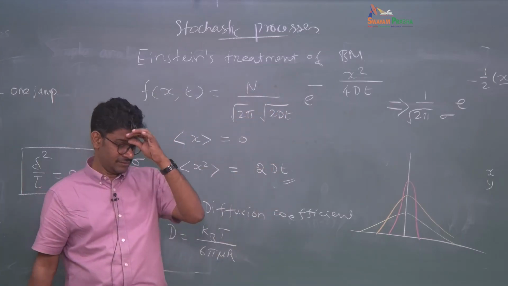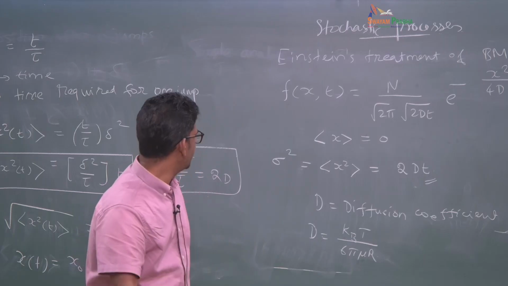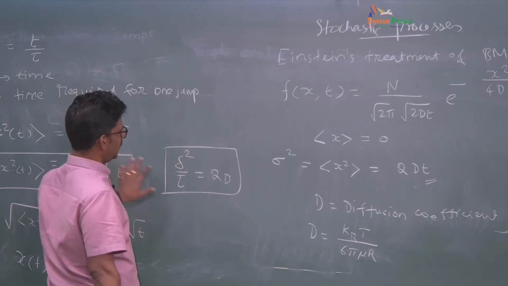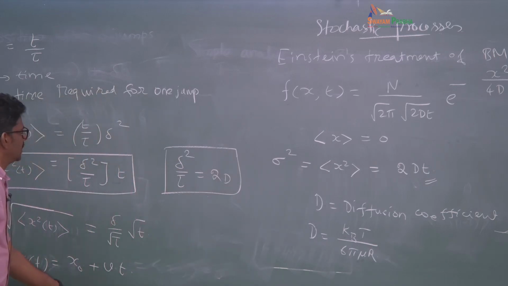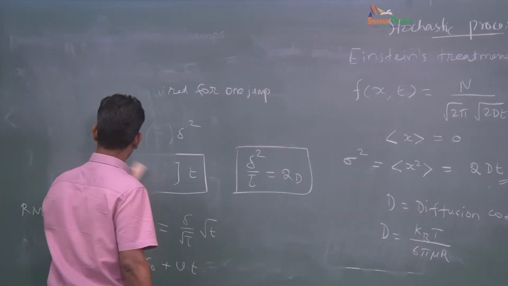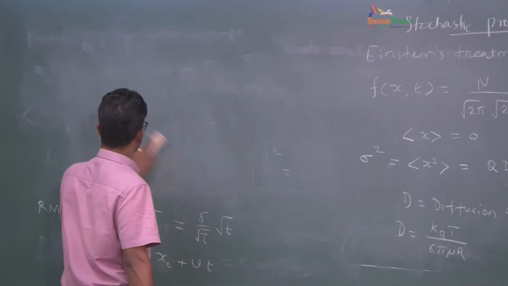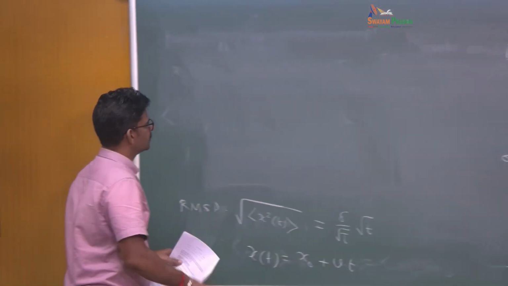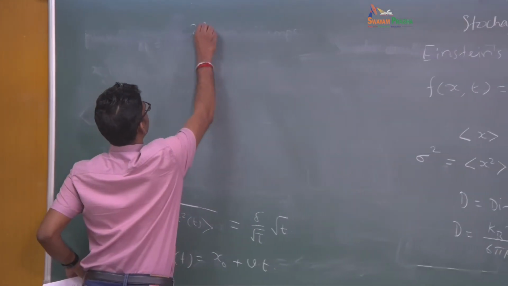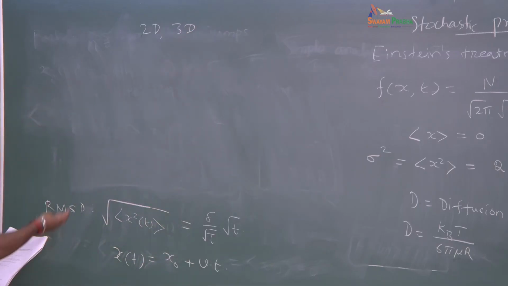Okay, so what we have done is a one-dimensional random walk, and we predicted all this. Now we can extend this to 2 dimensions and 3 dimensions, because that is more realistic from a practical point of view. When you look at 2D or 3D, you can make the same kind of statement.